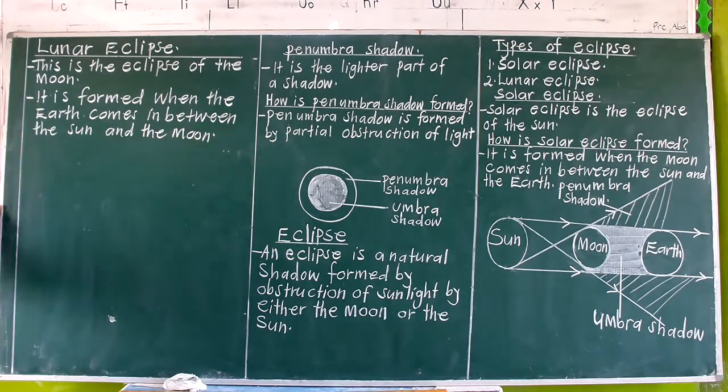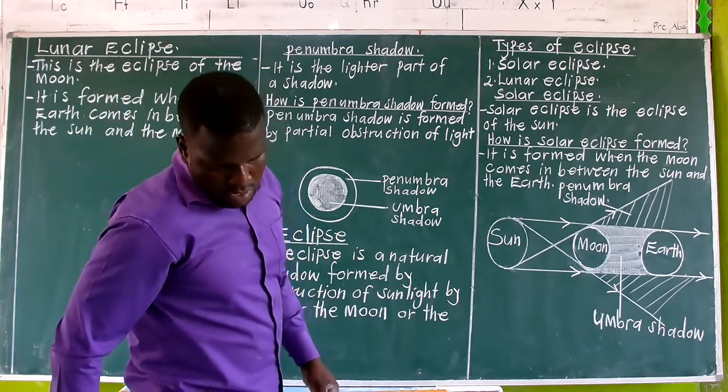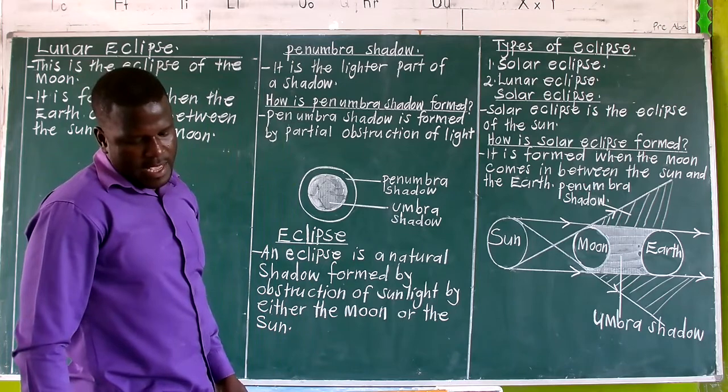So when the earth comes in between the sun and the moon, they form what we call a lunar eclipse.